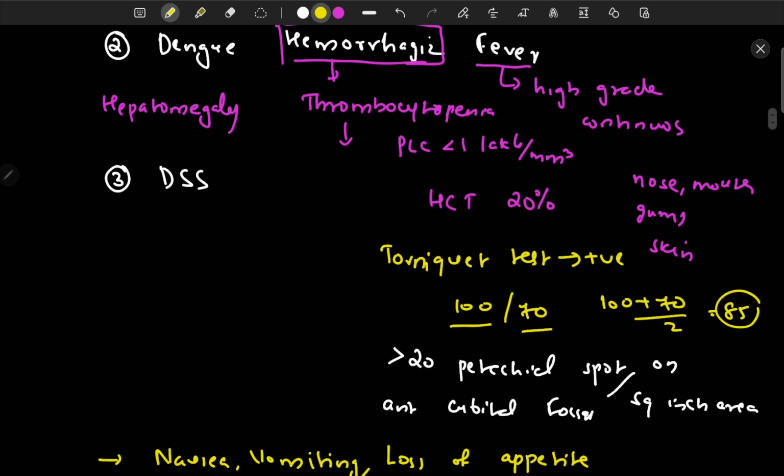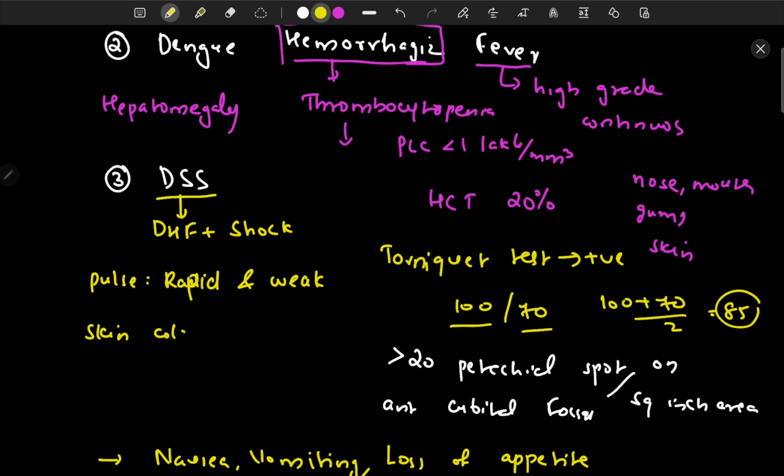Next, about the dengue shock syndrome. Dengue shock syndrome means dengue hemorrhagic fever plus manifestation of shock. That means the pulse will be rapid and weak. The skin will be cold and clammy.